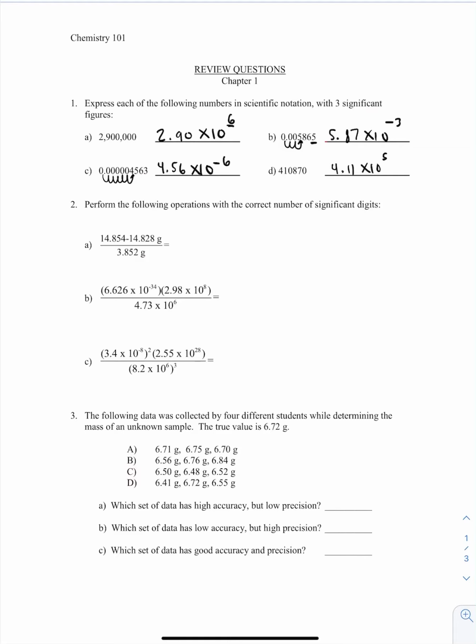Okay, so moving on to number 2. Number 2 says perform the following operations with the correct number of significant digits. So here we have a mixed operation of subtraction and division. Now, for these questions, the first thing you have to do is remember the rules of sig figs for mathematical operations.